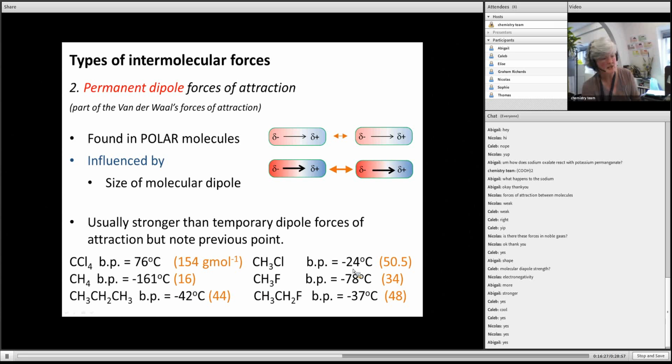Notice that although fluorine is very electronegative, it's got a lower boiling point than chloromethane, and that's again the difference in mass. So chloromethane is heavier, has more electrons than fluoromethane, so it's got a higher boiling point because the attractions are stronger. So you need to think it through. You can't just say it's got stronger forces of attraction. That is level 2 thinking, you get 0 for it.